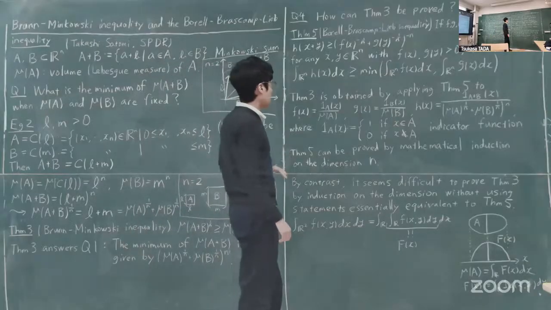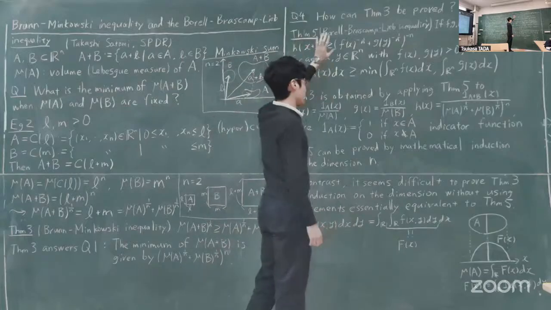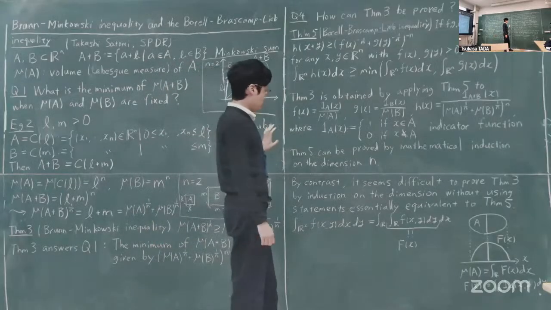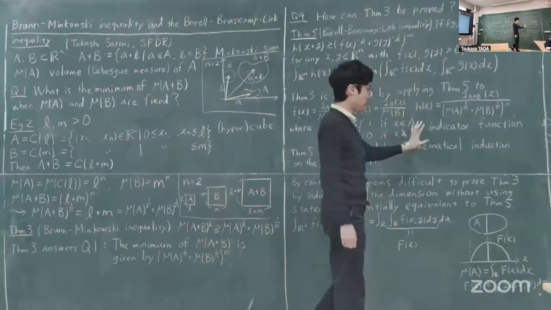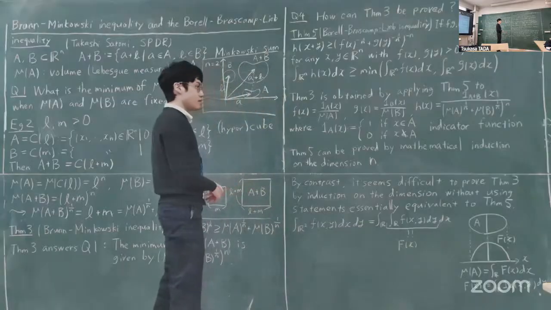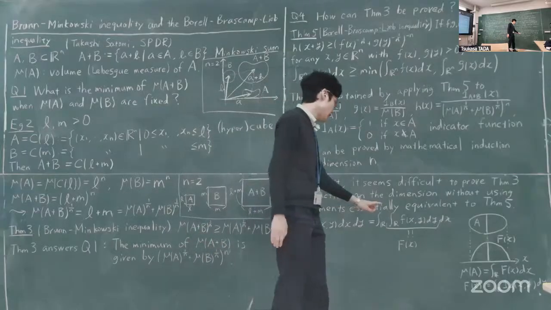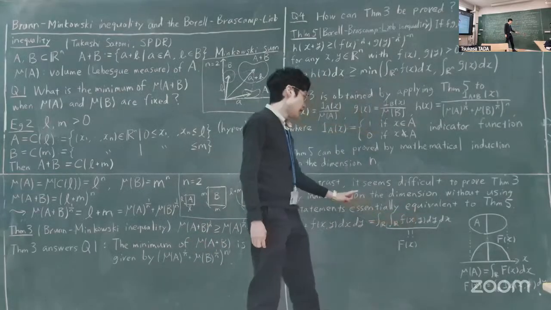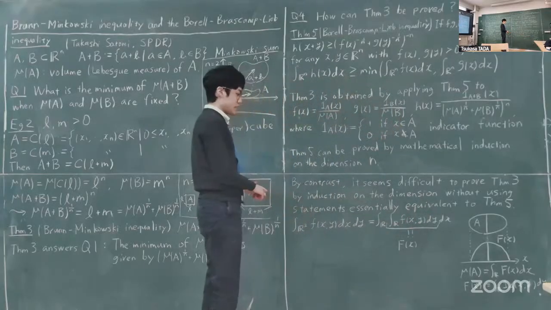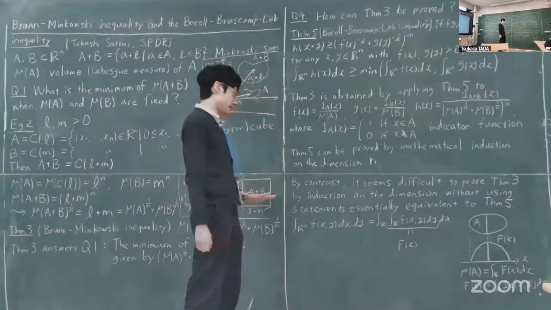We consider how the Borell-Brascamp-Lieb inequality can be proved. In fact, this inequality can be proved by mathematical induction on the dimension n. For example, in the two-dimensional case, we integrate the original function in the y direction at first, and we apply the one-dimensional Borell-Brascamp-Lieb inequality.